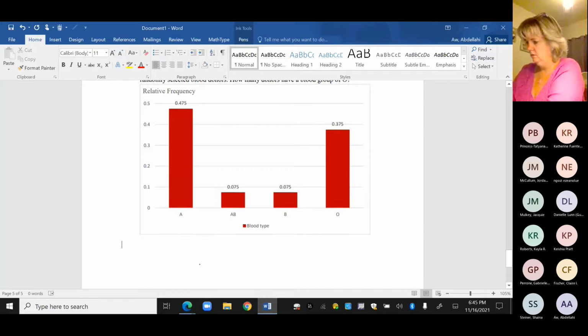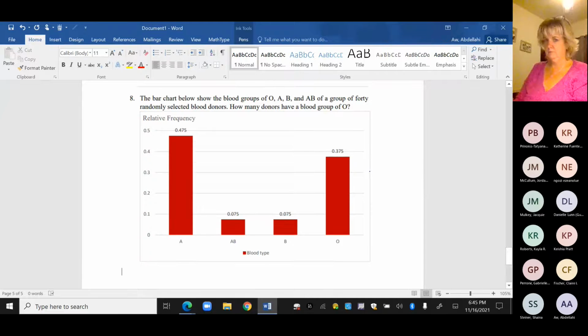Look, I don't know, for instance, how many people here. We don't know that, but we know if that number is X that I don't know, how many donors have a blood group of O? I call them X people.